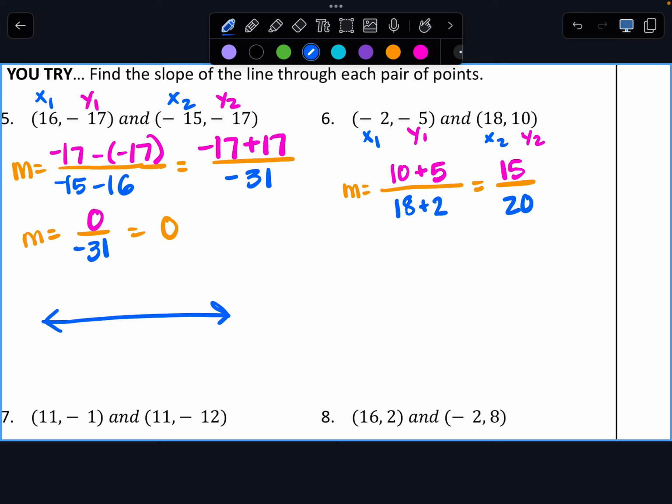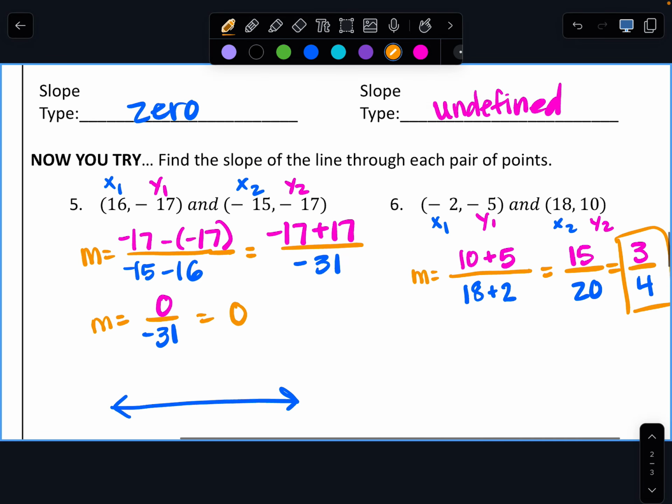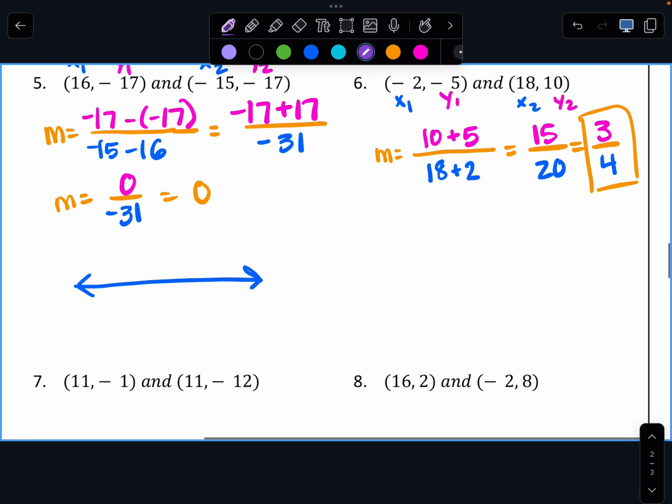Now again, if you're not good at simplifying fractions, I'm going to let you cheat. Use your calculator, put that fraction in, press enter, you're going to get a decimal, and convert that back to a fraction, and you should get 3 over 4. Now because that's a positive slope, positive 3 over 4, this is a positive slope. So my line will slant this way.